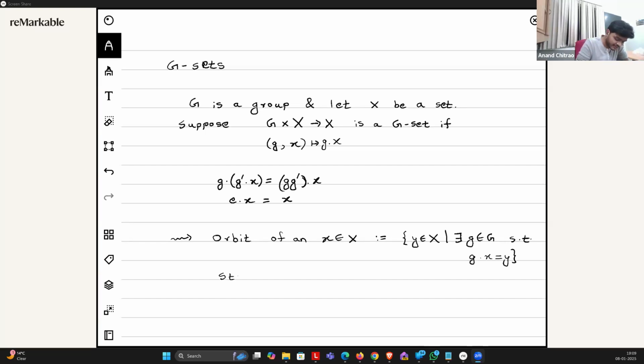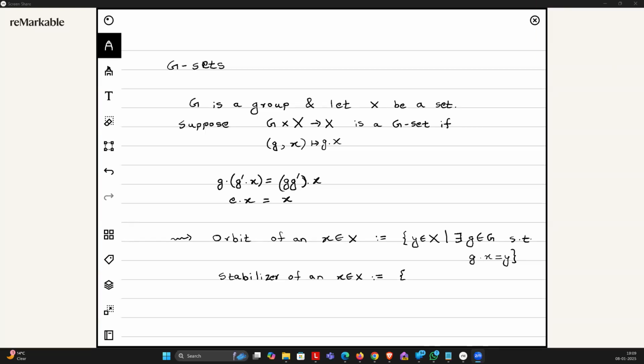Then one can look at the stabilizer of an X in capital X. Can somebody tell me what this should be? Common sense? So what does stabilize mean?